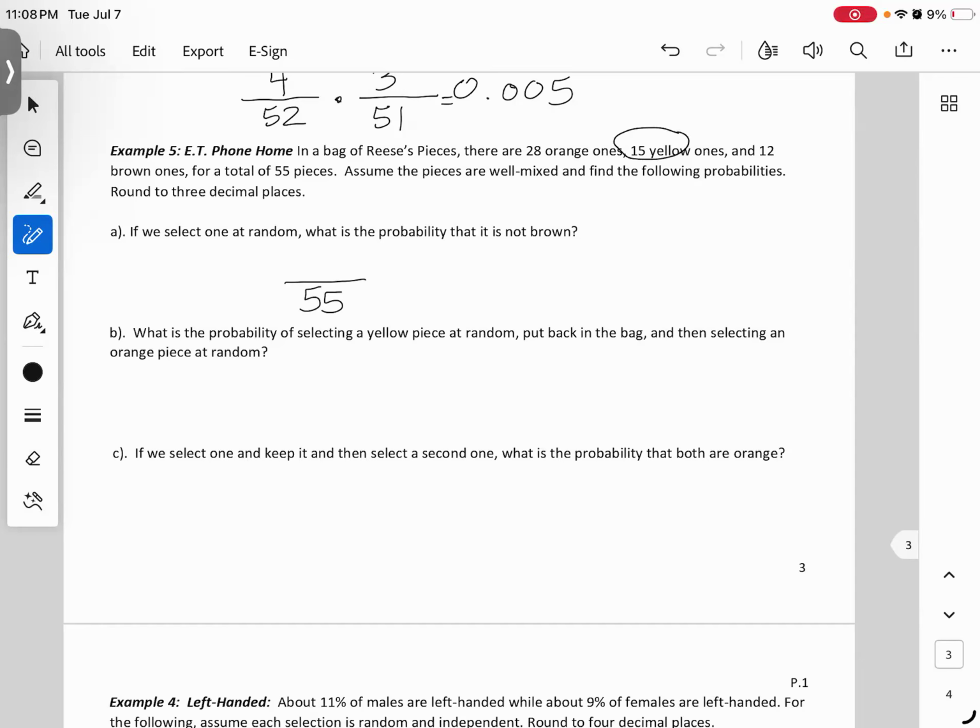Add up your yellows and your oranges, which would get you, what's that? 43. Yeah, that would be the not. The other way you could have done it is 55, take away the 12 browns to get 43, but this one's done.